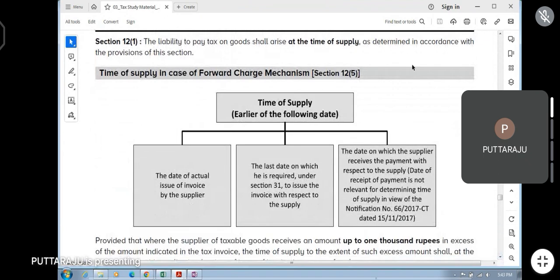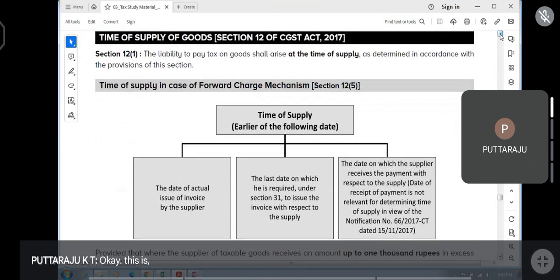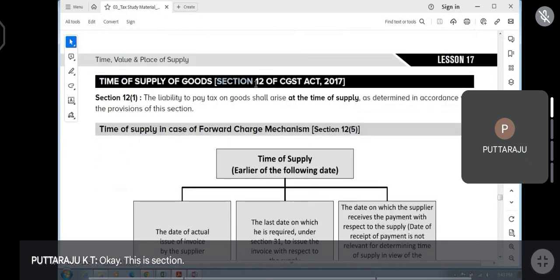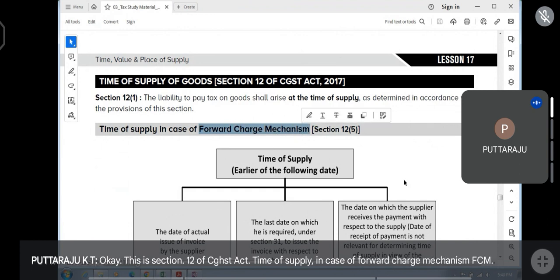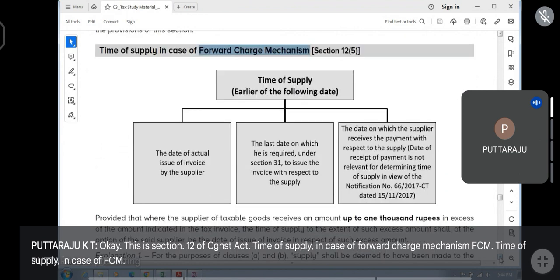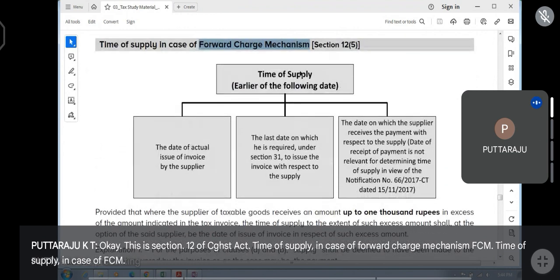Okay. This is section 12 of CGST Act. Time of supply in case of forward charge mechanism, FCM. Time of supply in case of FCM. Time of supply is the earlier of the following dates.